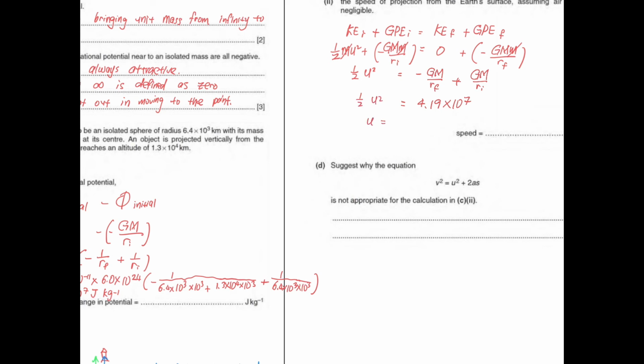So we times 2 and square root, and then we will get the value. This is the escape velocity, or the speed of projection, 9150 meters per second.